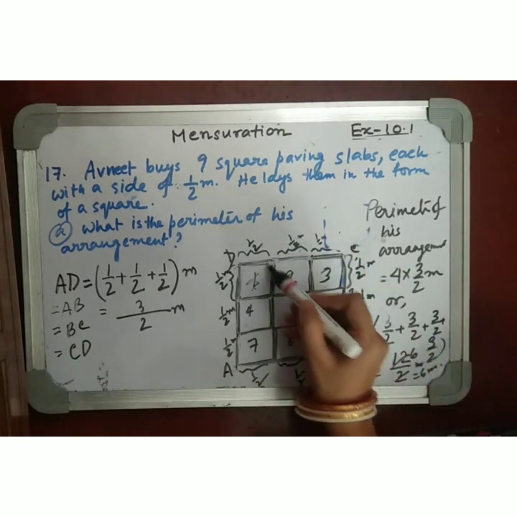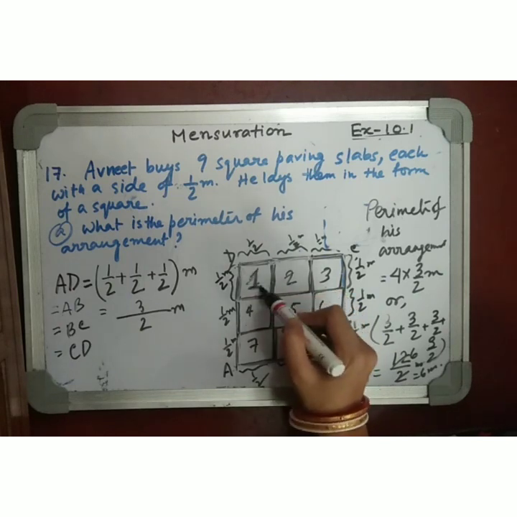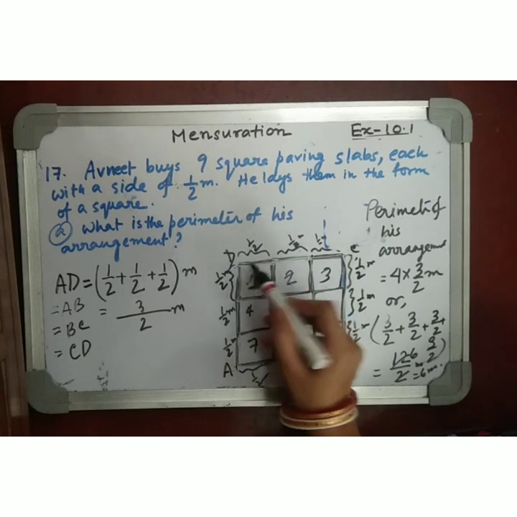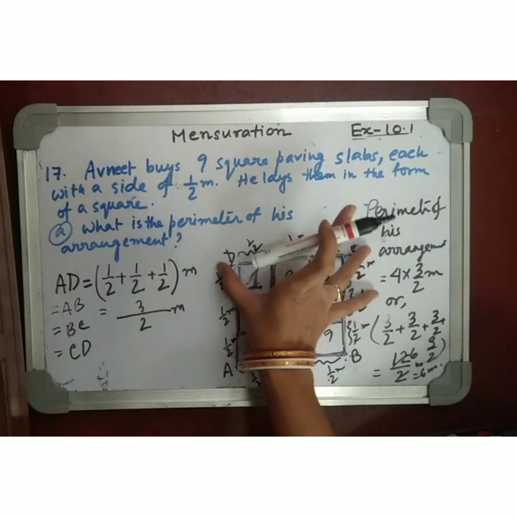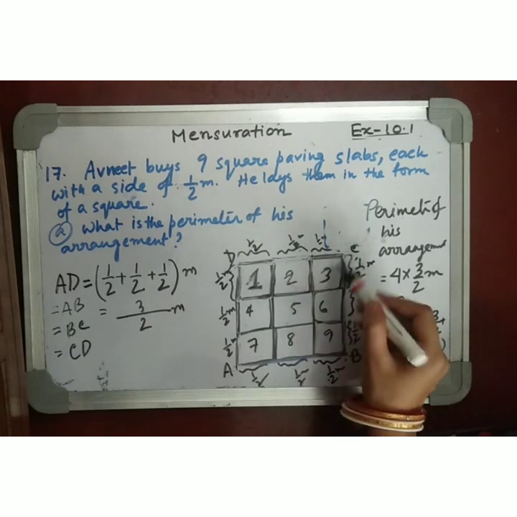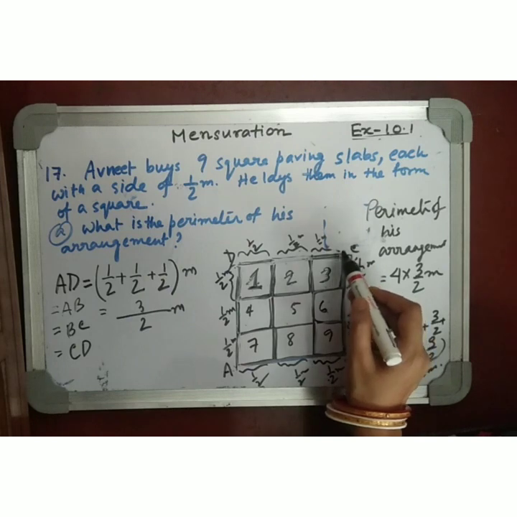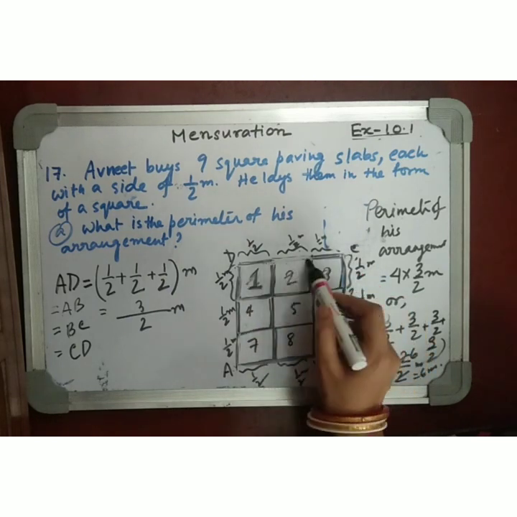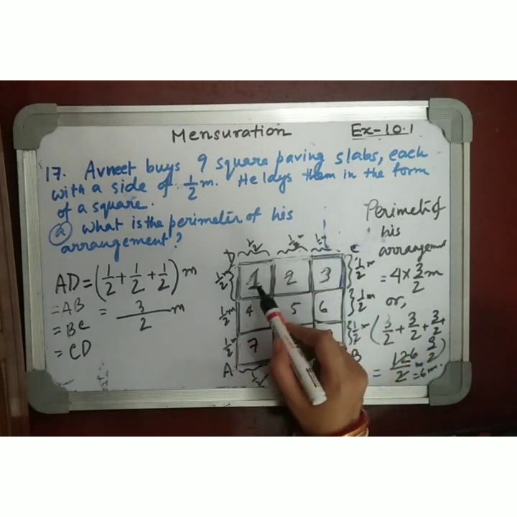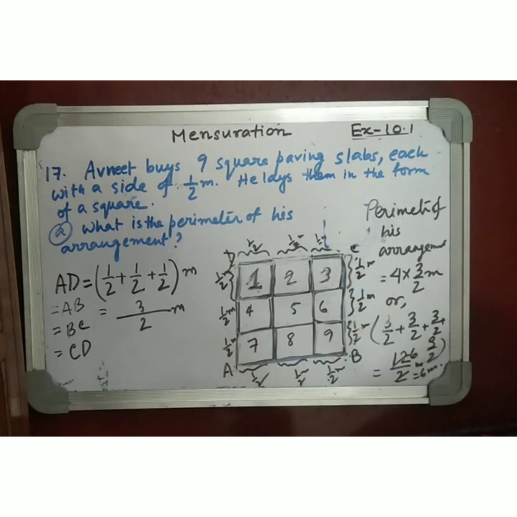So this is for square 1, I have given it a name. For the square 1, this side is making the side BC. For square 2, this side is also making the side DC. For square 3, this side is also making the side DC. By adding these three sides of the squares 1, 2 and 3, we are getting the side DC.